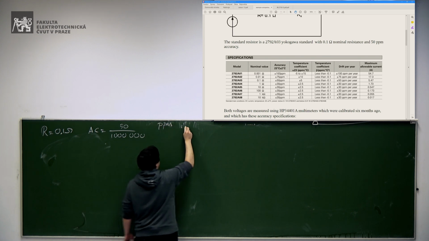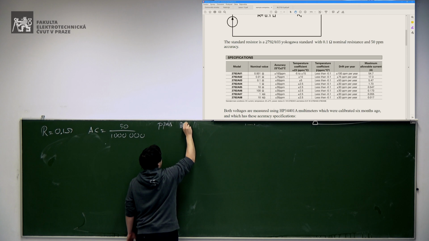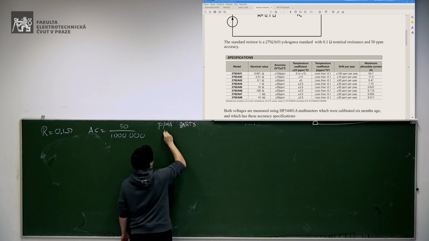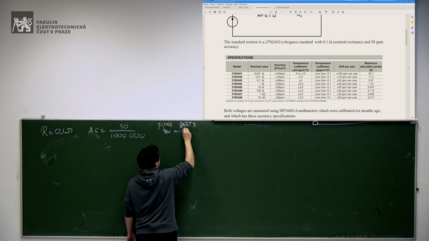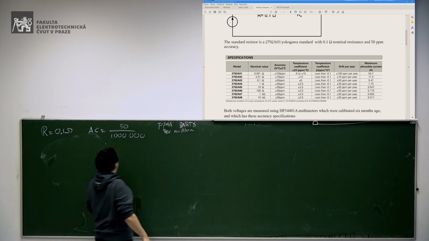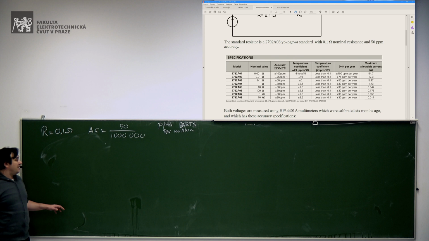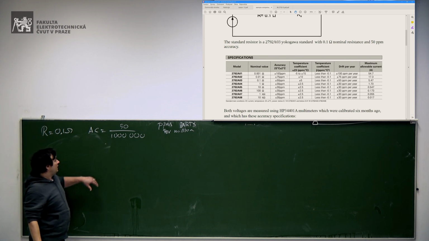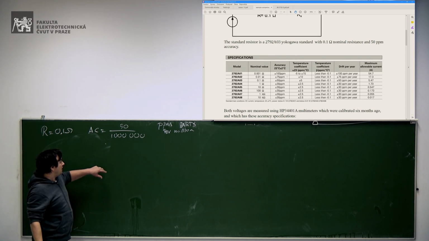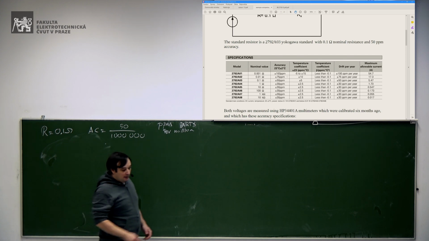ppm stands for parts per million. It's so small that instead of giving the value in percent, they give you the accuracy in parts per million, okay?